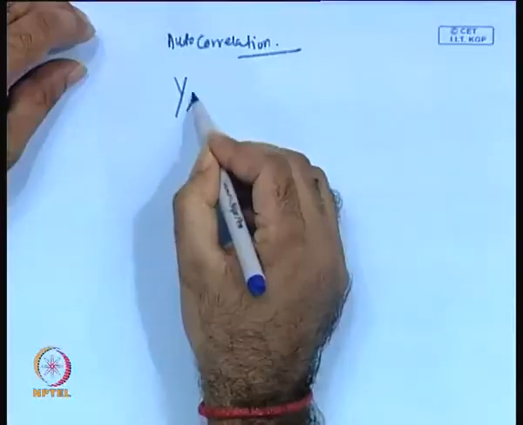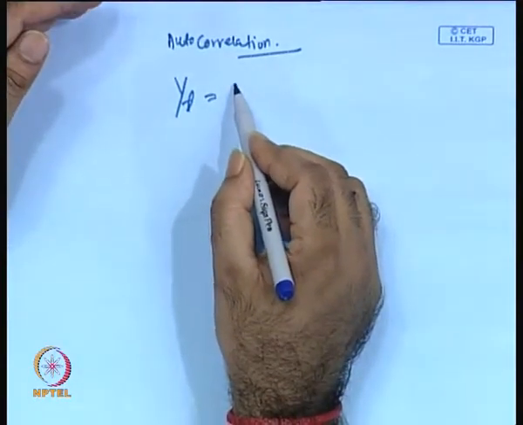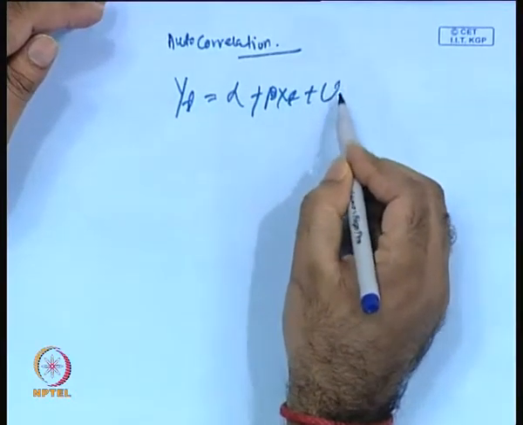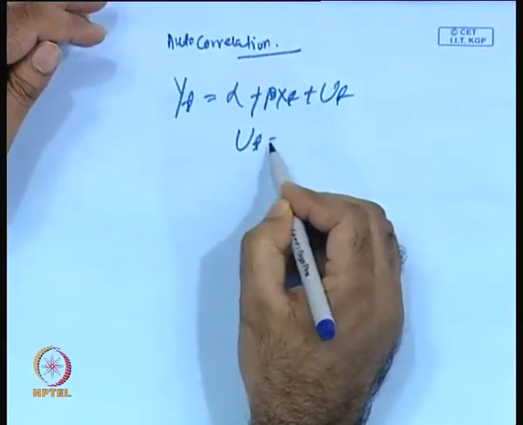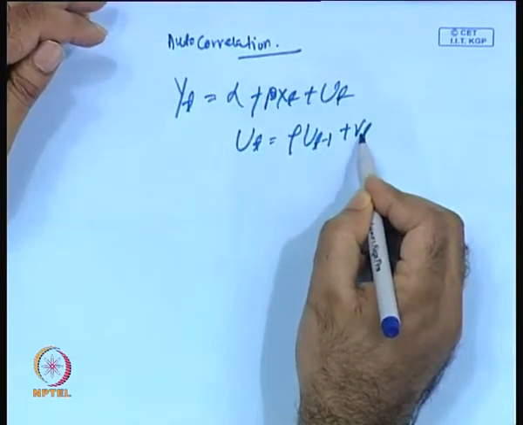So in the last lecture we have discussed the basic framework of autocorrelation. So let me highlight here what is the basic issue of autocorrelation. For autocorrelation we have a function like this: yt equal to alpha plus beta xt plus ut. Here ut is equal to rho ut minus 1 plus bt.